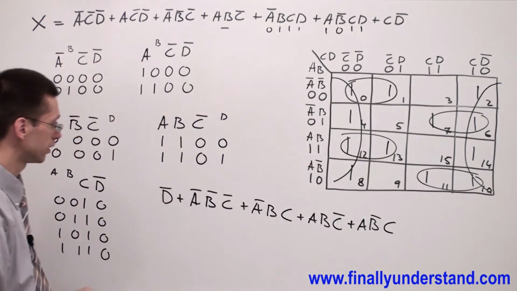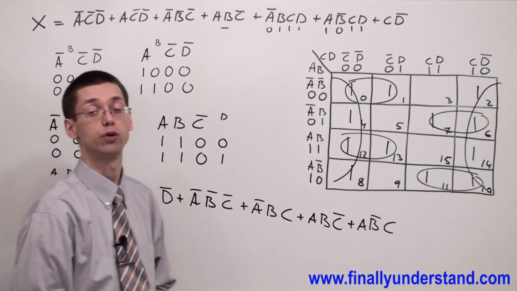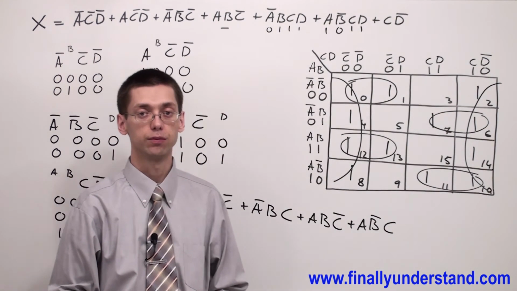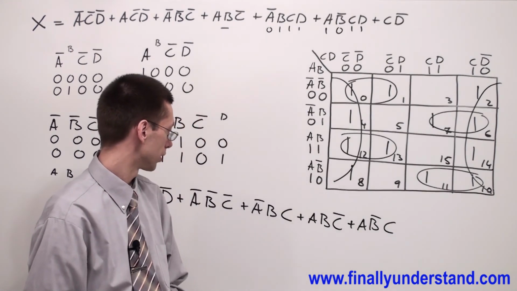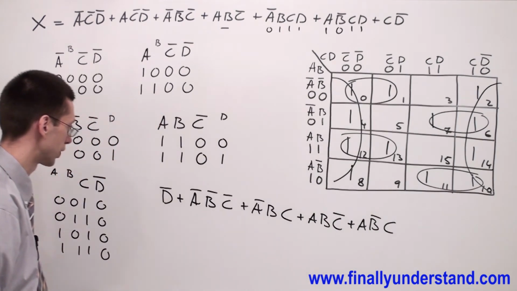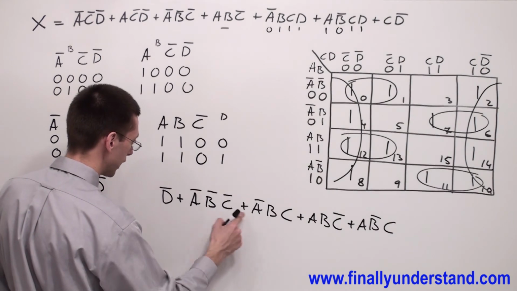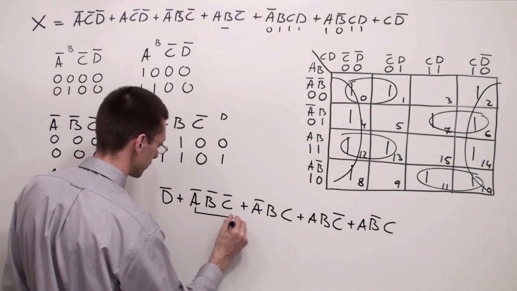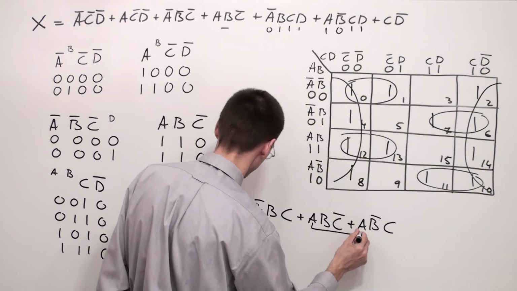Next, you're supposed to check if you can factorize anything from this expression. Remember, after Karnaugh map, you cannot use Boolean algebra. You can use De Morgan's theorem, you can do some factorization, you can use XOR or XNOR gates, but you cannot use Boolean algebra anymore. Please notice that we can factorize A naught from these 2 terms, and I can factorize A from these 2.